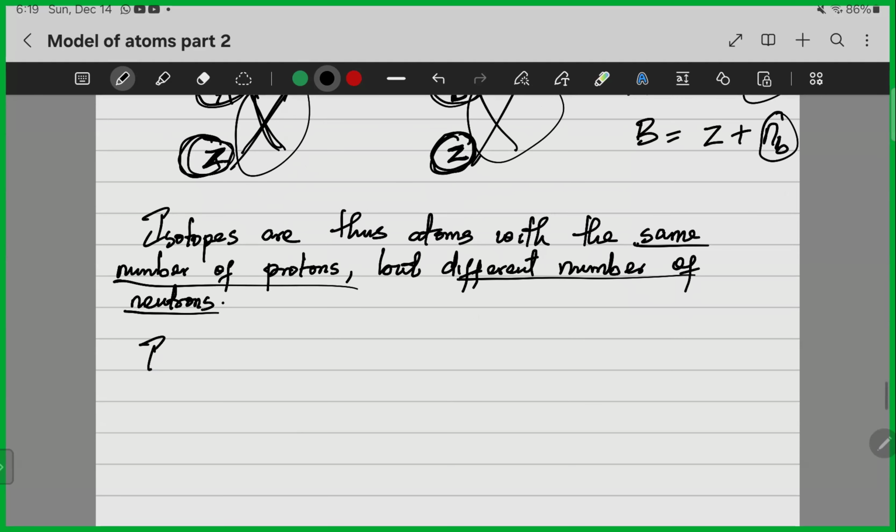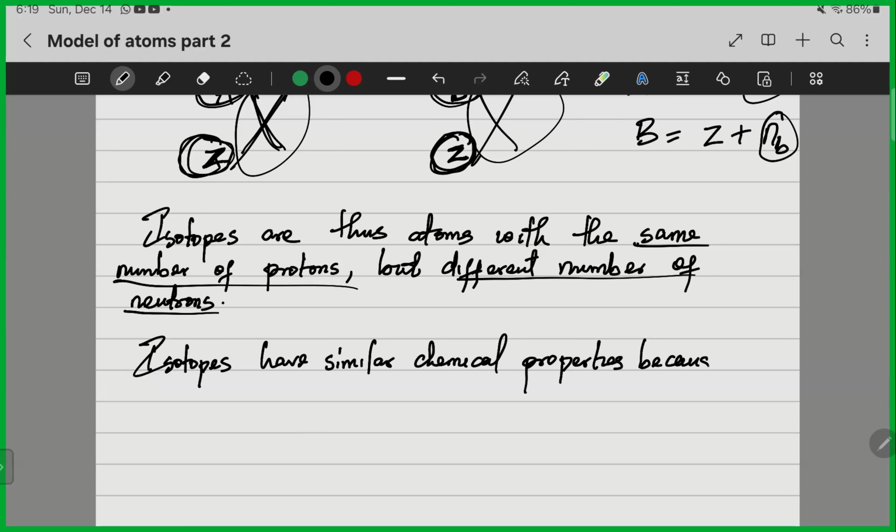We must take note that isotopes have similar chemical properties because they have the same number of electrons around the nucleus.